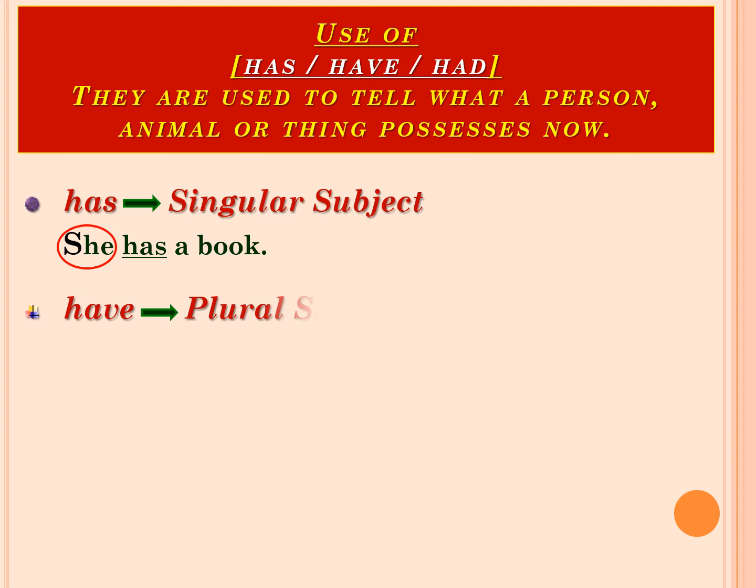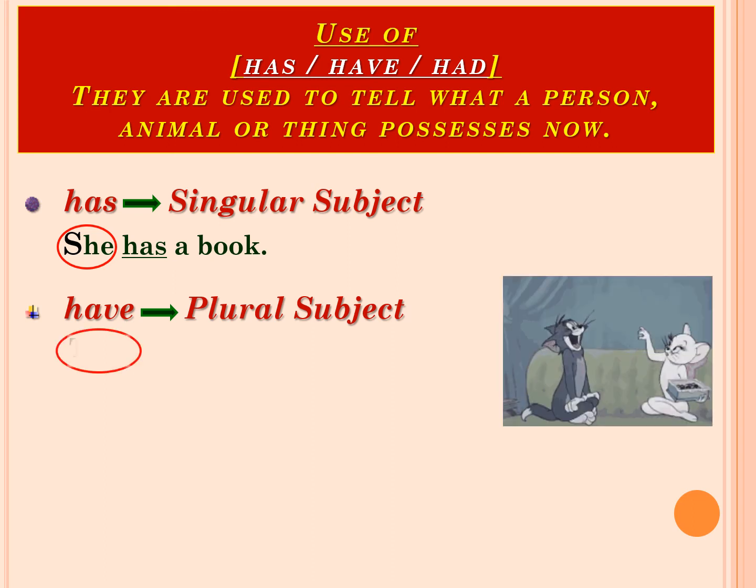Moving on to the next one, that is have. In case the subject given in the sentence is plural, that means more than one, then we will not use has. We will replace has with have. They have toffees. So over here, they is the subject, which is more than one.